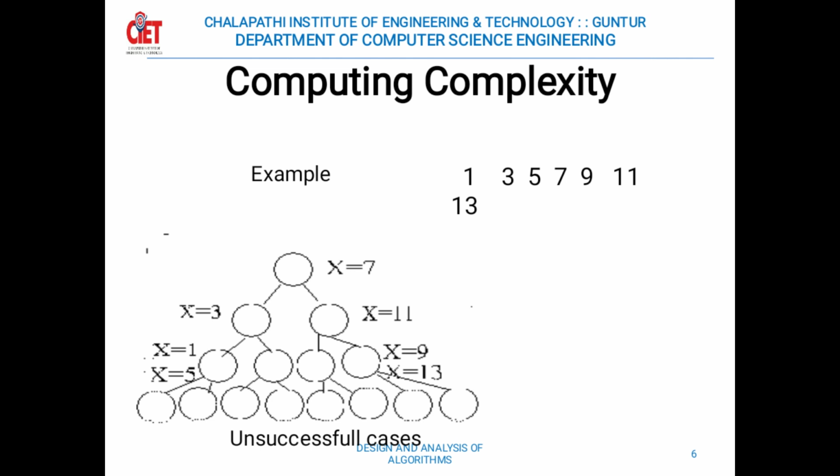Otherwise, it continues the search. Left side x is compared with 9 and right side x with 13. So in this way, the search proceeds until all the elements are visited. Even if there is no matching element, it returns that there is no matching element.